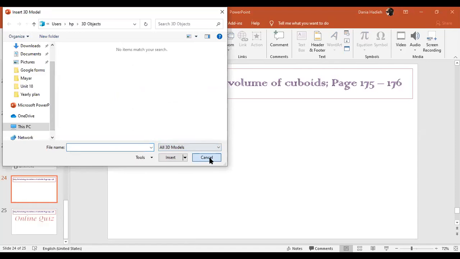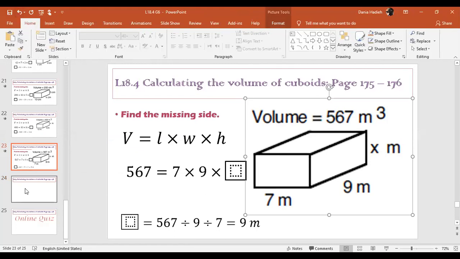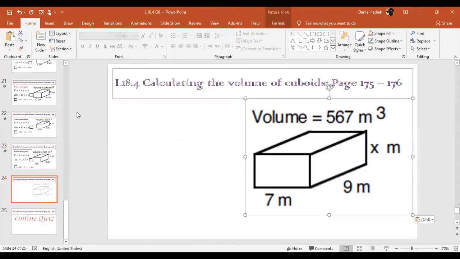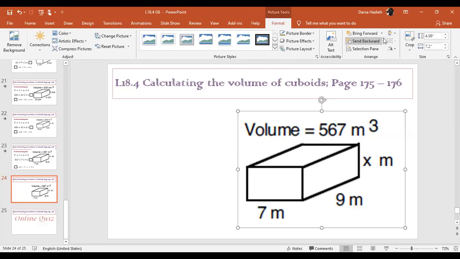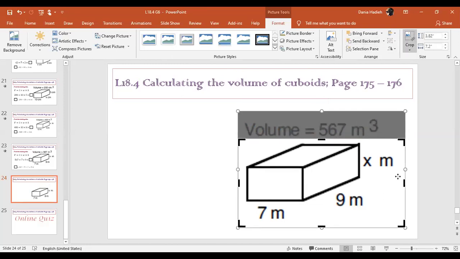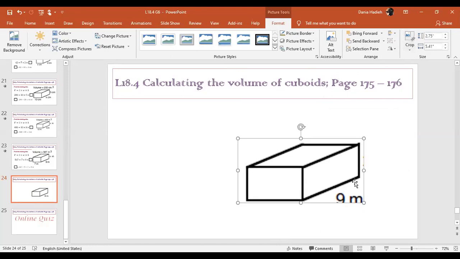Or let's just use one that we already have. Let's use this one, okay? Copy and paste right here. And I'm not going to use these measurements because I don't need them. Okay? And assume the 9 is not here.